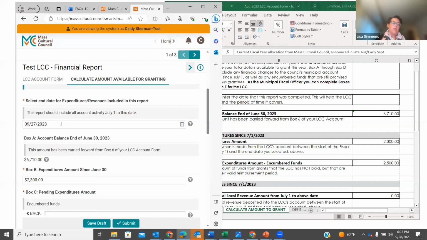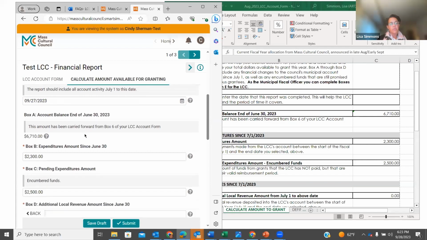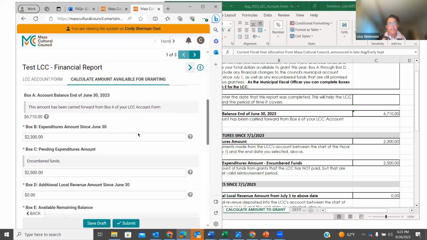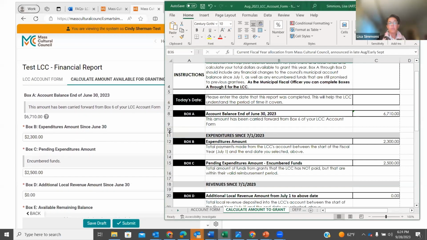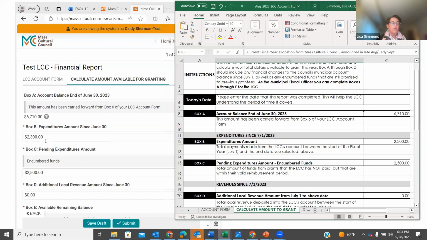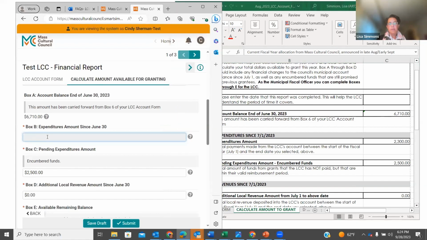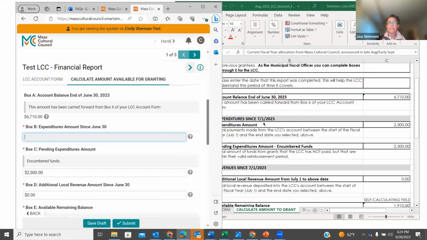Okay, so we're saying we met with the accountant and we're putting this information in as of 9/27. So here we have box A, and again, the form will mirror the GMS system. So we have box A, which we know is 6710. We spent, let's see, since July 1 until this date, $2,300.